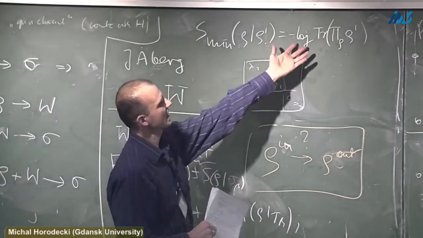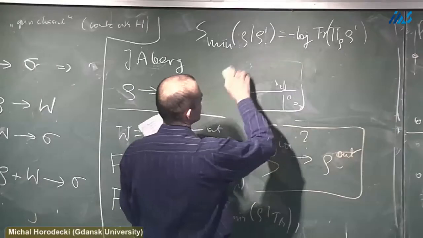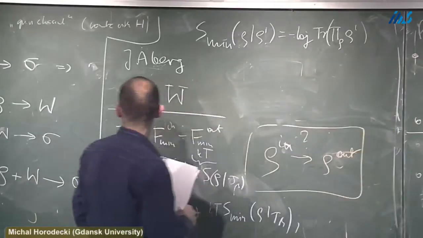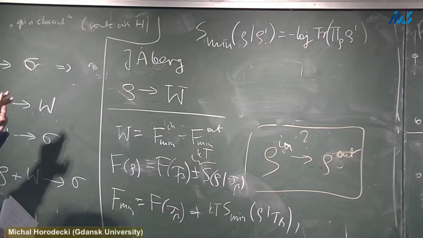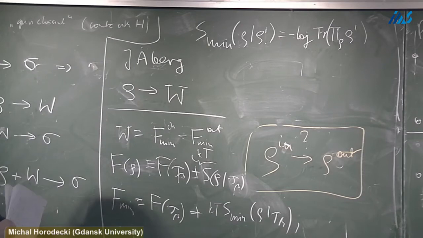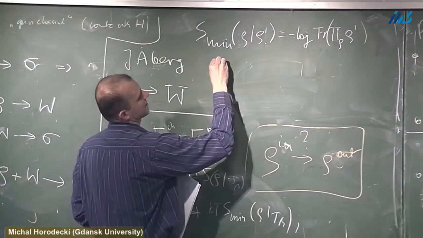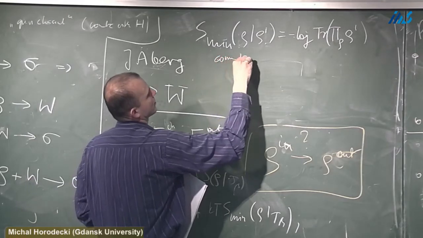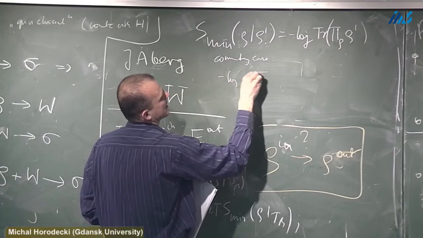So of course, the classical expression is that you simply take, let me write for the commuting case, because essentially our expressions for work distillation are for any state actually. But let me write for commuting states. Commuting case is a sum over.